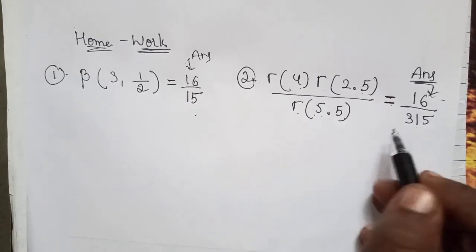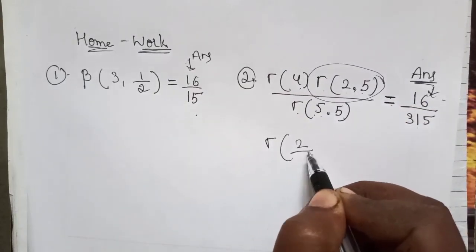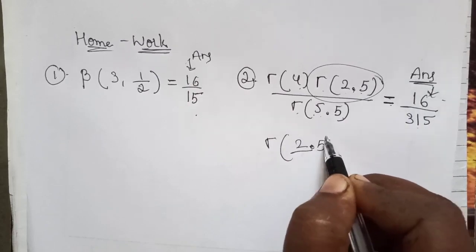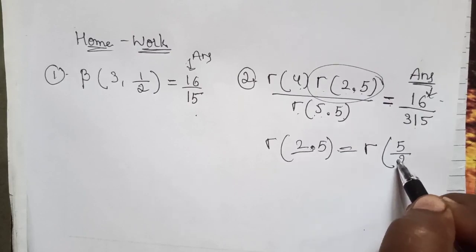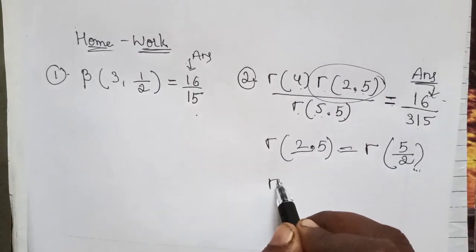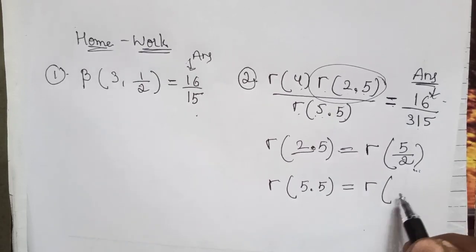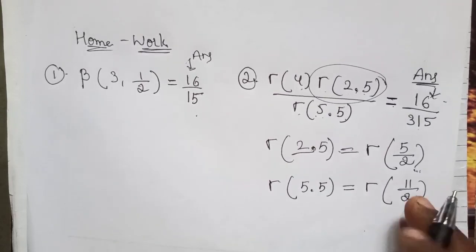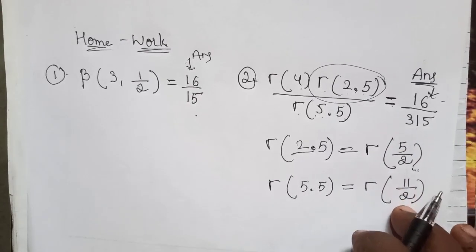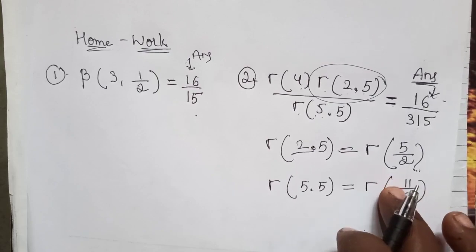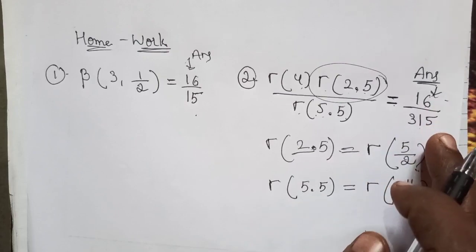Don't get confused: gamma of 2.5 can be written as gamma of 5 by 2, and gamma of 5.5 can be written as gamma of 11 by 2. You can simplify gamma of 5 by 2 and gamma of 11 by 2 by using the formulas, and you will get the answer 16 divided by 315.